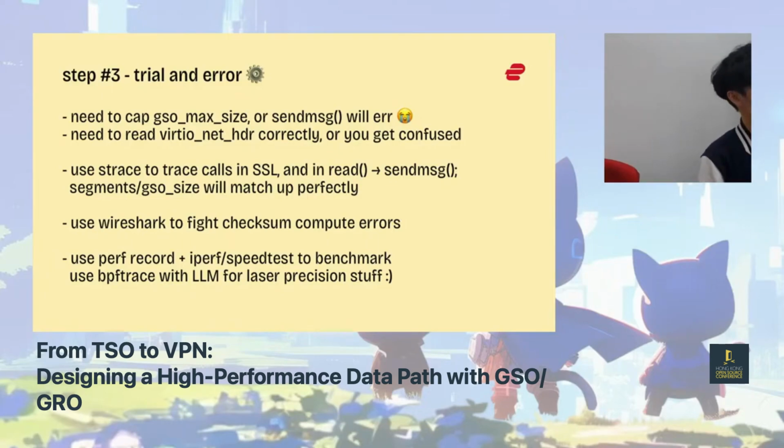If not, the kernel will read the TCP/IP headers and assume they were the virtio net header of the contract, and just start going mayhem. So this is a very confusing part, but I mostly borrowed Claude's intelligence to solve this, let's say.